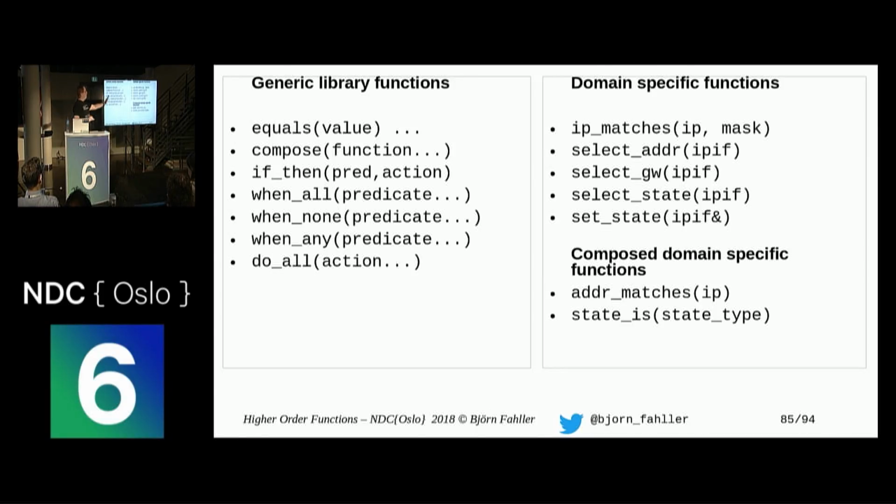So we have our domain-specific ones on the right, the IP matches, select address, etc. And we have the domain-specific composed functions like state is and address matches. But then we have a bunch of functions that are completely generic. They have nothing to do with our problem domain. So they really belong in a library.